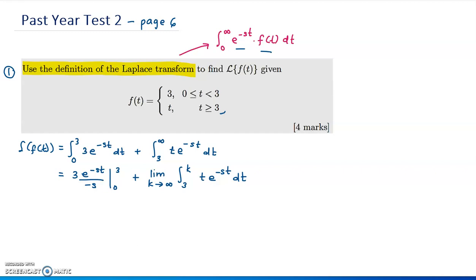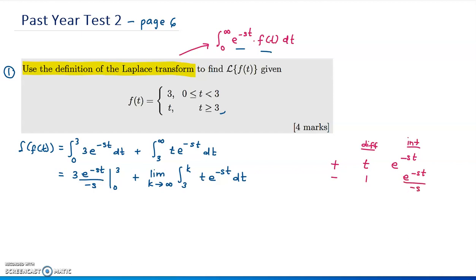If we take out that integral using the tabular method, we have a positive sign, and then t, and then e^(-st). This column we differentiate, this column we integrate. Change the sign, so negative; differentiating t gives 1, integrating the exponential, and don't forget we have over negative s.